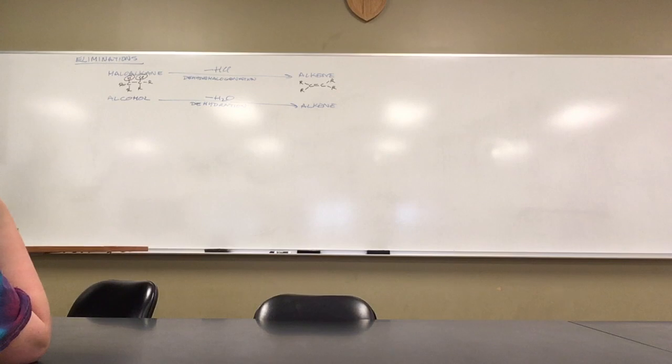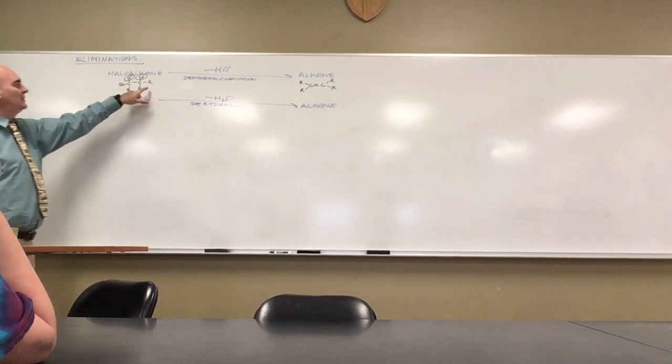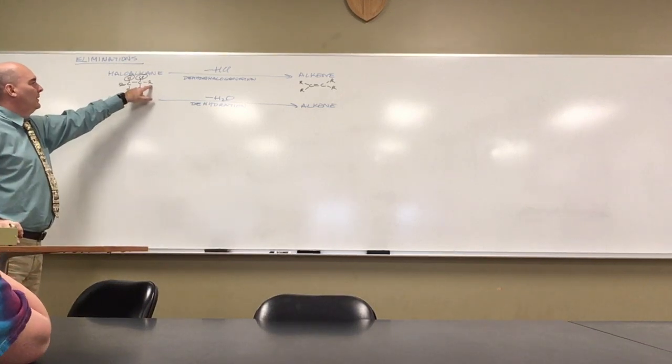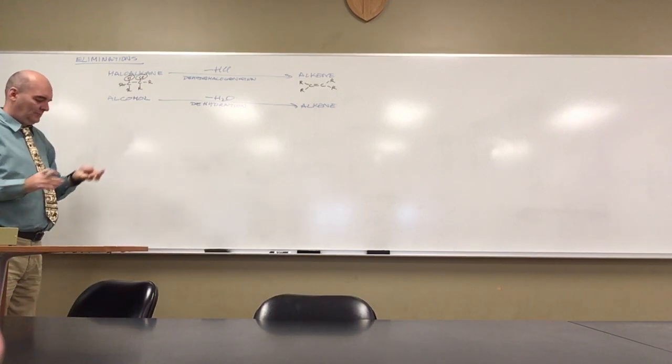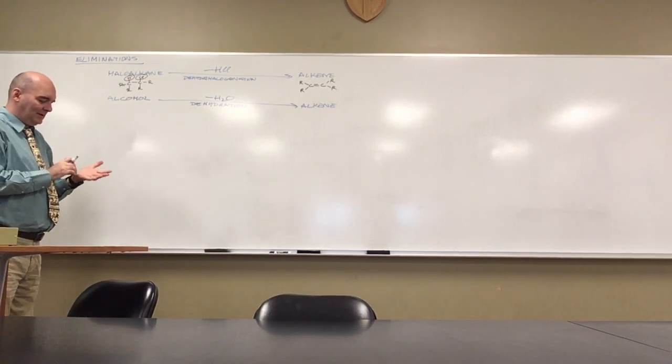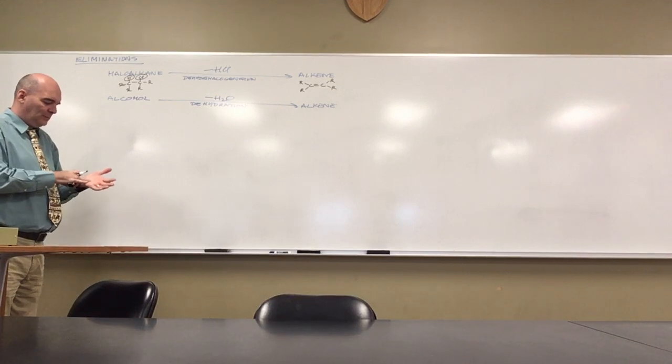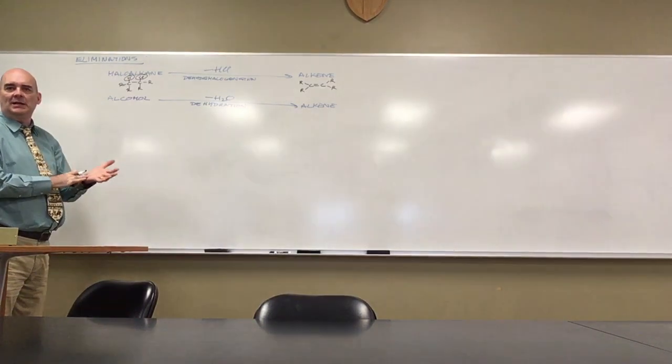And if you have more than one possible product, make the best one. If there's a hydrogen on this group, make the most substituted alkene you can. Somebody spotted that and turned that into a rule. Whose rule is that? Make the most substituted alkene?